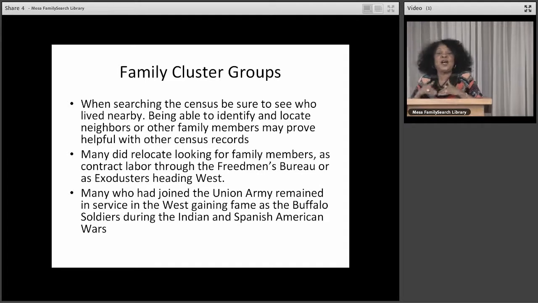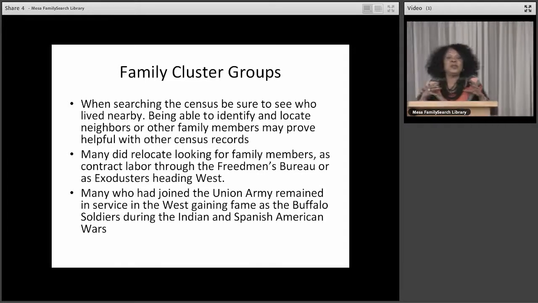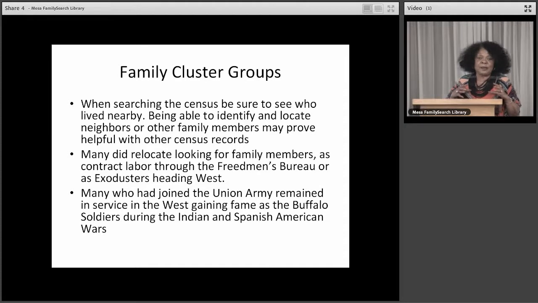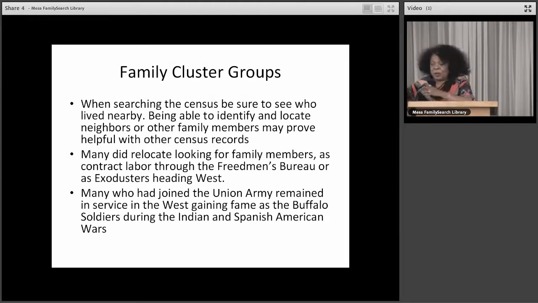Go and see if you can find the Joneses. People tended to live in cluster groups for safety, for comfort. If we all belong to one family group and we're going to settle somewhere, we're going to settle together.